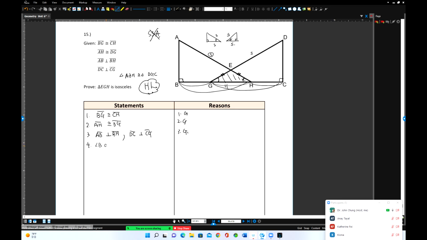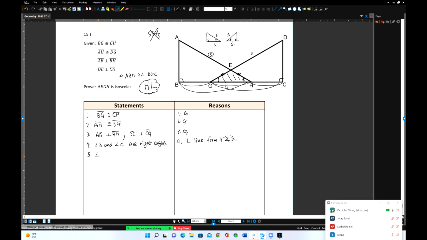Angle B and angle C are right angles, because perpendicular lines form right angles. But you don't have to prove that they are congruent. To use HL, we have to say these two triangles are right triangles.